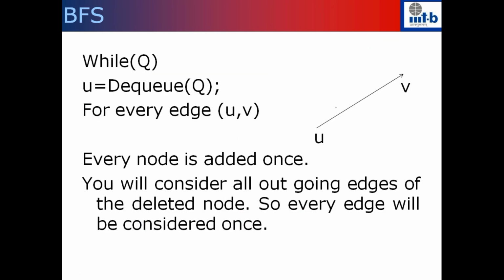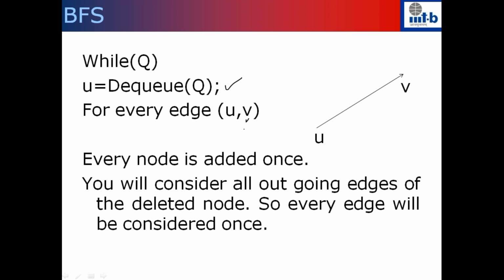So what we do is, as long as the queue is not empty, you delete a node from the queue, and then you consider all the outgoing edges from this particular vertex that has been deleted, right? So that is the vertex v, and then depending on whether v was there in the data structure or not, if it is not added into the queue, then you add it into the queue, otherwise you do nothing.